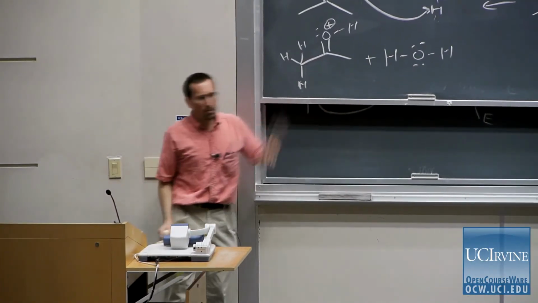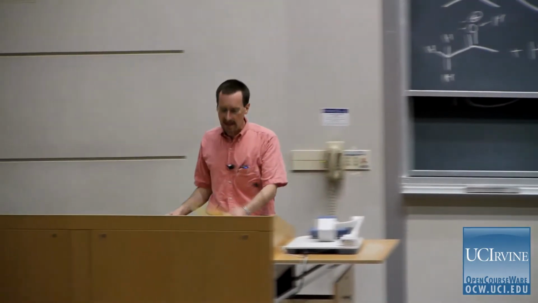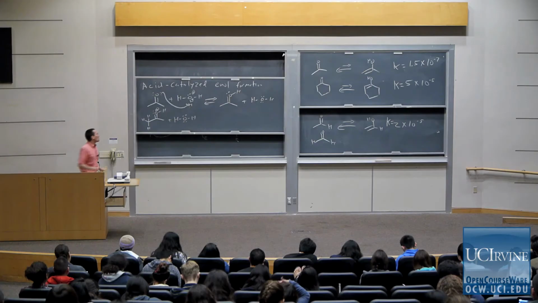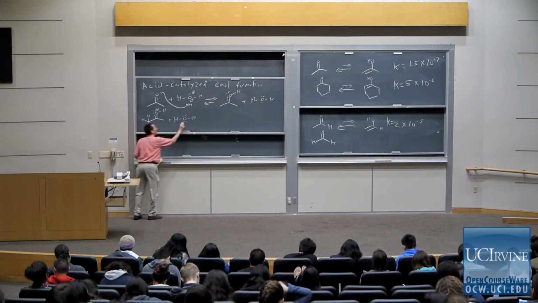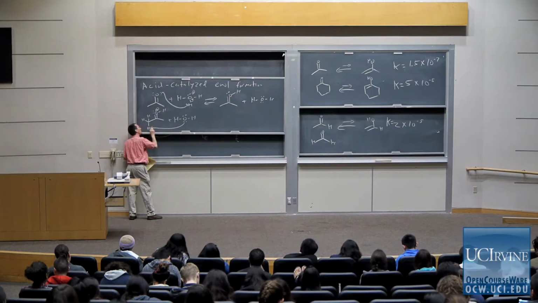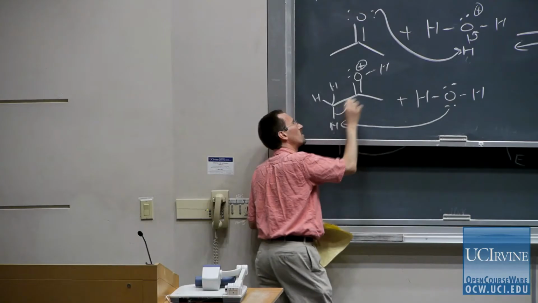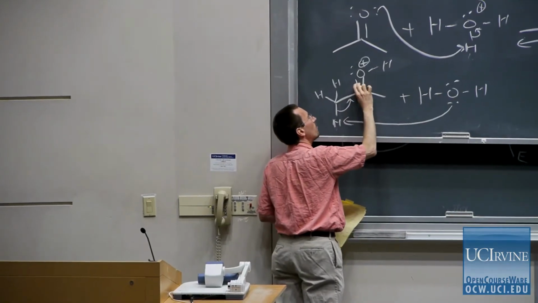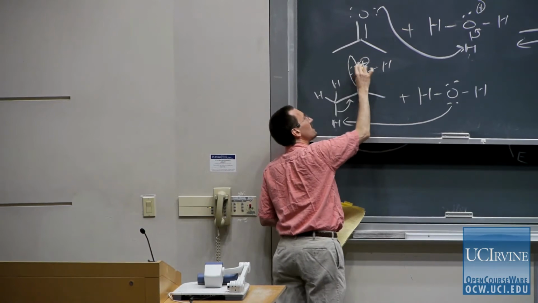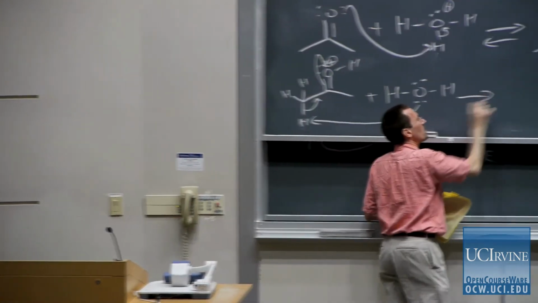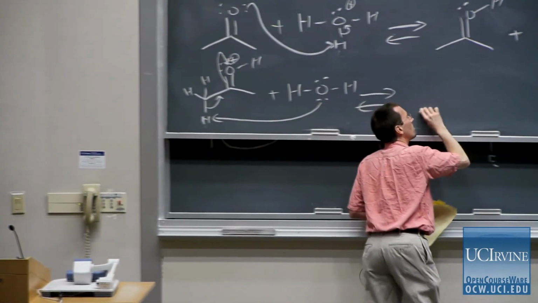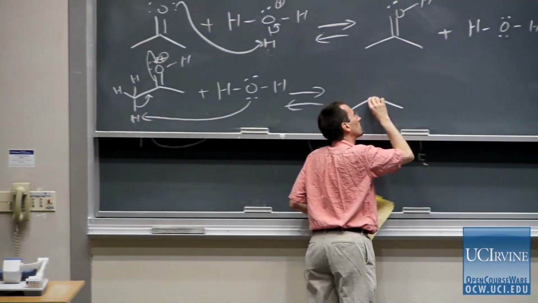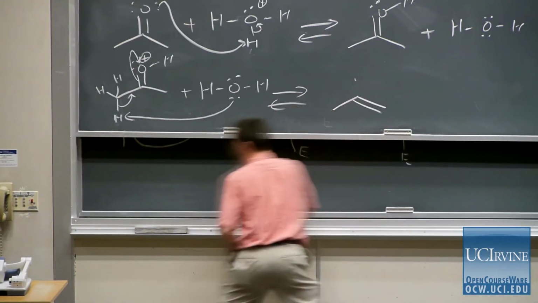And now water is weakly basic, very weakly basic. Water can pull off the alpha proton. We just push our electrons up on to the oxygen, and again we have an equilibrium.